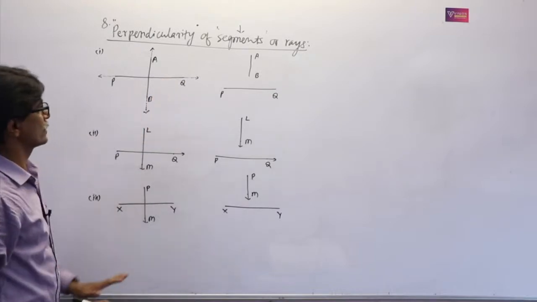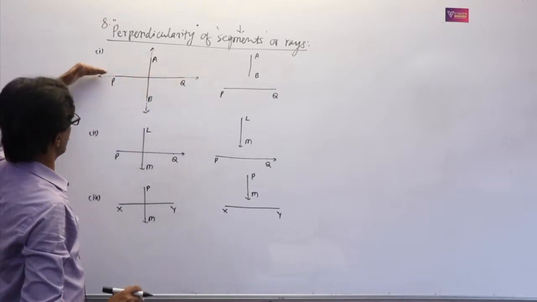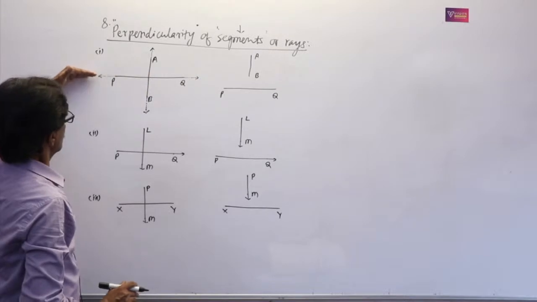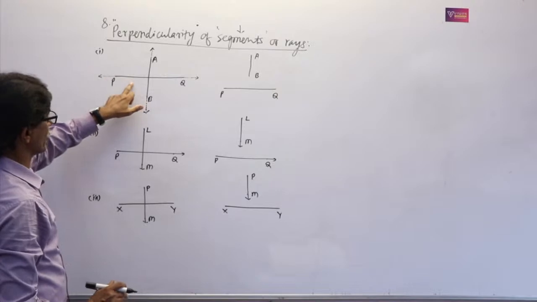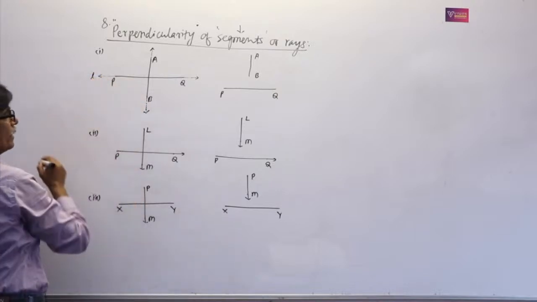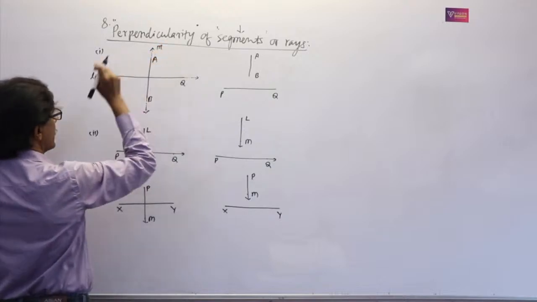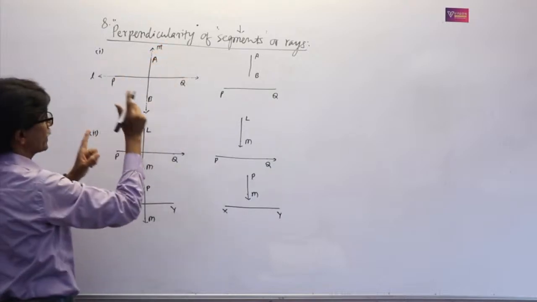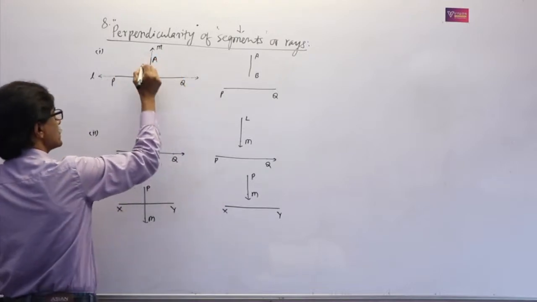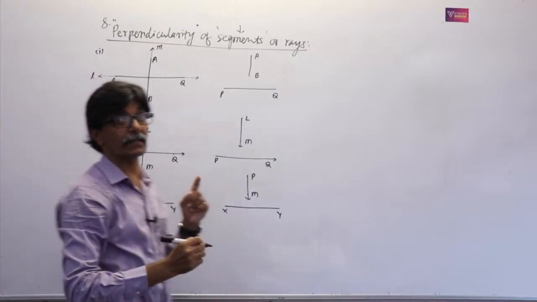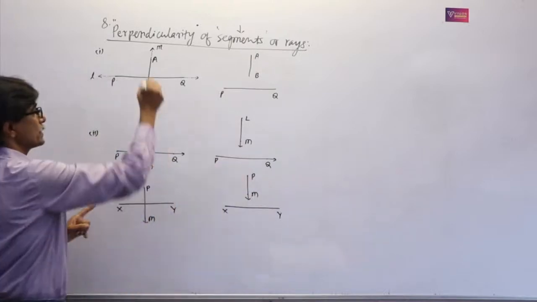Now, the condition says that the lines containing the segments: the line containing segment PQ, suppose L, and the line containing segment AB, suppose M. So the lines are perpendicular. The condition is that if the lines containing the segments are perpendicular, then the segments are perpendicular.